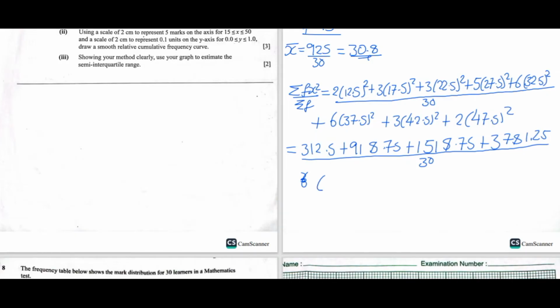So I'm getting 6,337.5, then plus another 6 times 37.5 squared. So I'm getting 8,437.5.